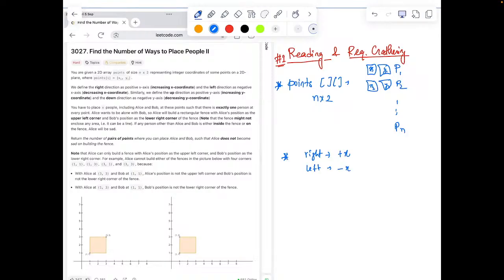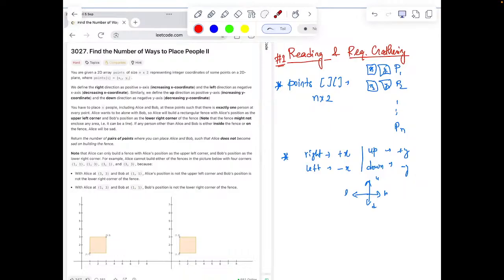And what about up and down? Up is positive y, as I can see, and down is negative y. So nothing fancy, it is just the standard xy axis. So this is called right, this is called left, this is up, this is down. That's it. This section is all about the definition of up, right, left, and down.